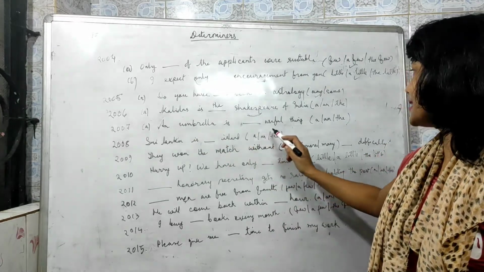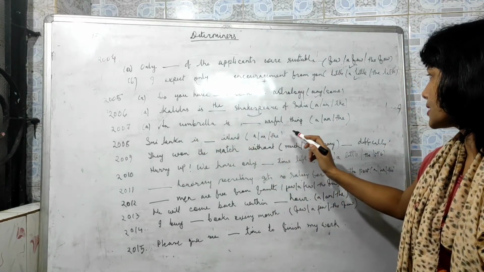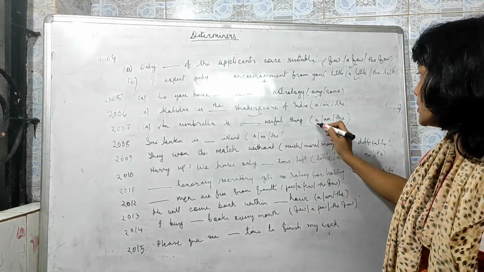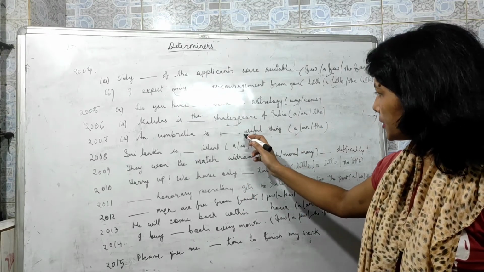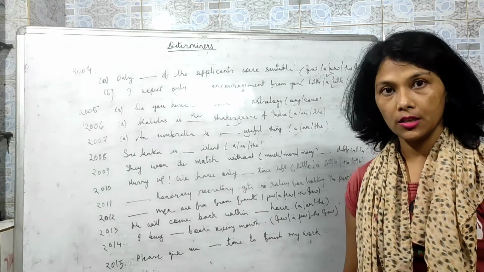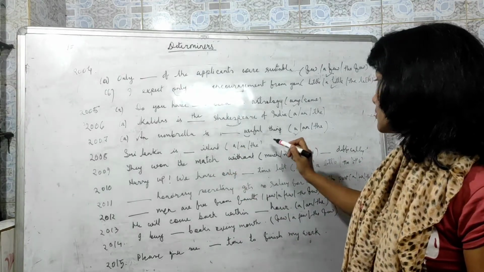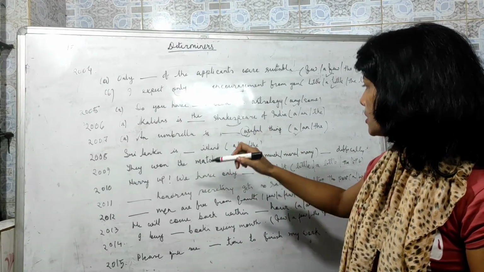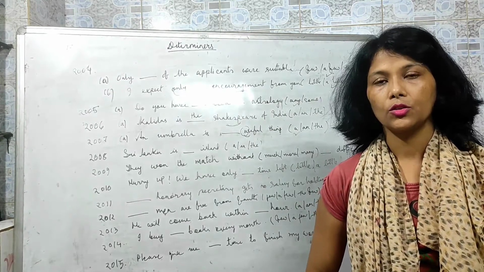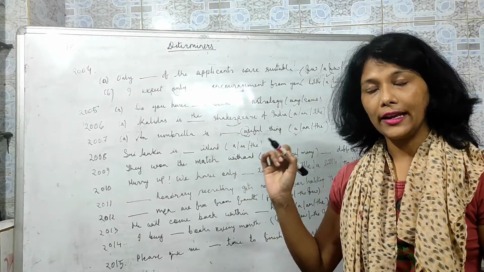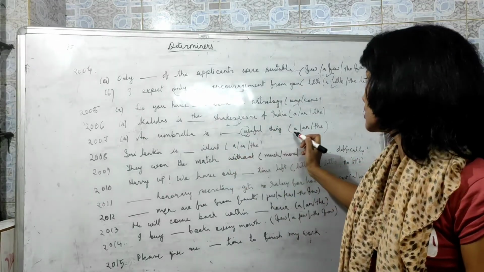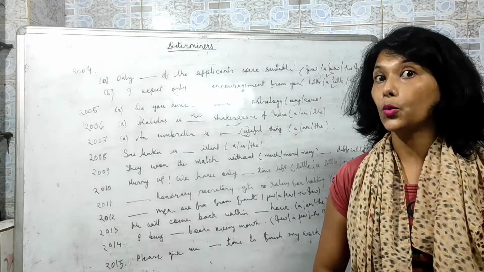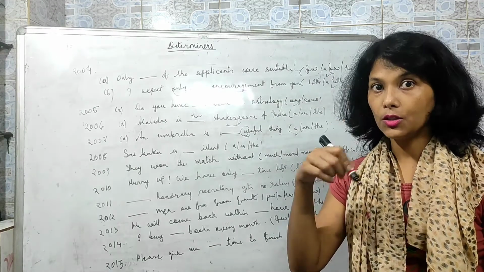An umbrella is dash useful thing. An umbrella is a useful thing. Here, although it is a vowel, we are using a because you are pronouncing you fully. The letters you pronounce in full, you have to use consonant. U is pronounced.